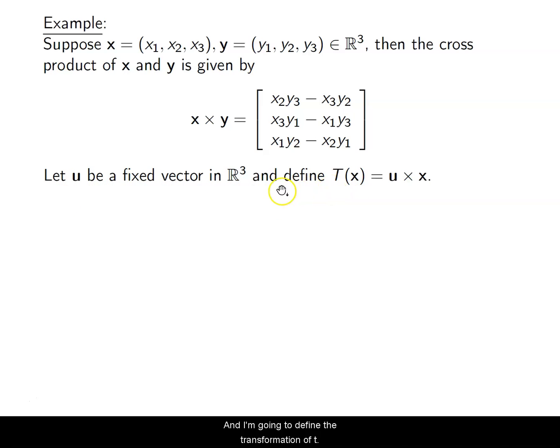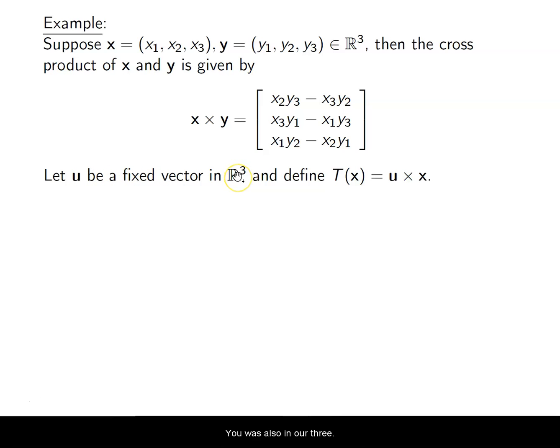And I'm going to define the transformation T of some vector x as the cross product of u with that vector x. Okay, so just to reiterate, I have 2 vectors in R3. I'm defining a cross product. I'm taking a fixed vector. So this vector will not change. These 2 vectors can be any vectors I want them to be. Now this vector is undefined, but is not a variable vector. It is a vector that does not move, right?